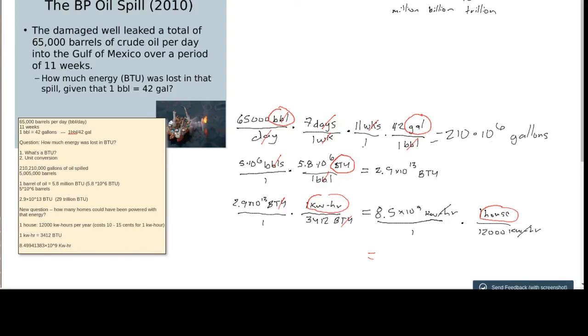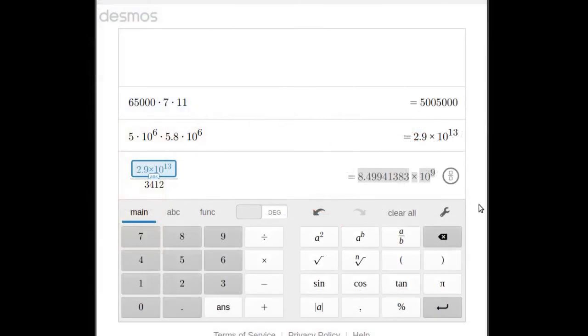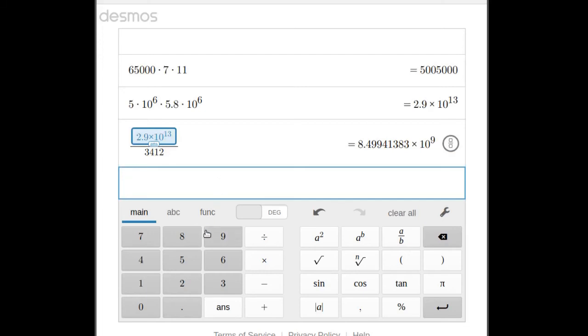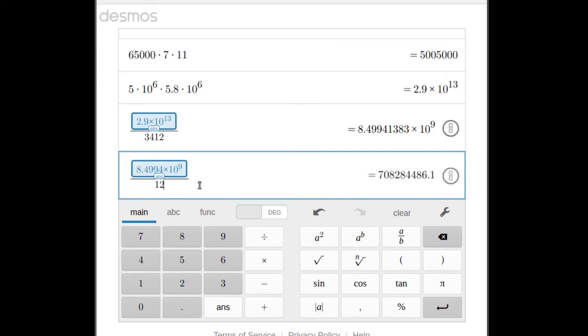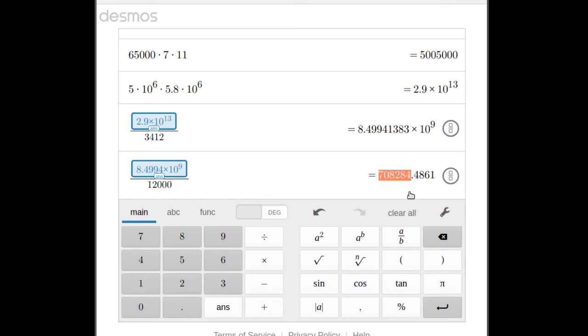So now I go back over to the calculator and take that answer, 8.5 billion, and then divide it by 12,000, and I get 708,000 homes.